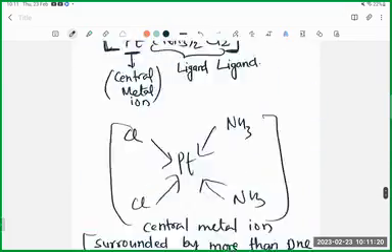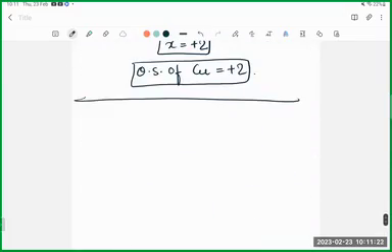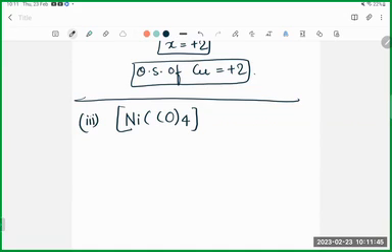So now I'm giving you a molecule, calculate the oxidation state of that. Here we go with one compound, Ni(CO)4. You have to see the central metal atom and see the nature of the ligand. And then calculate. What will be the oxidation state of nickel here?